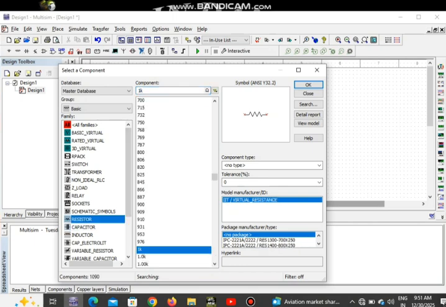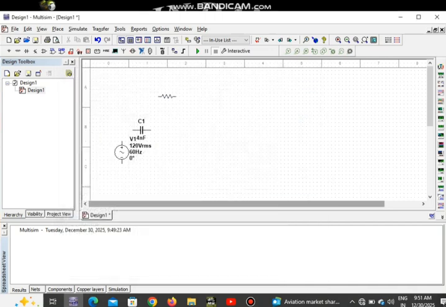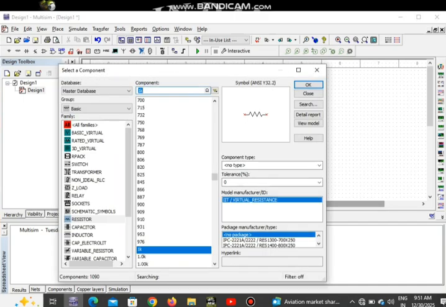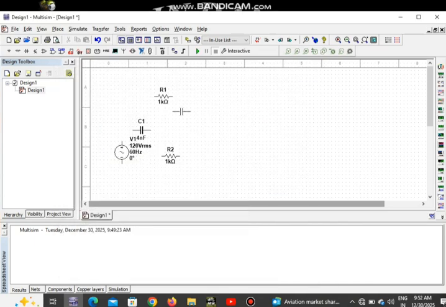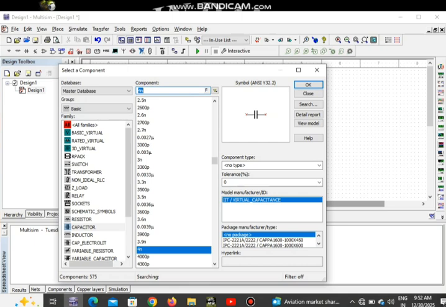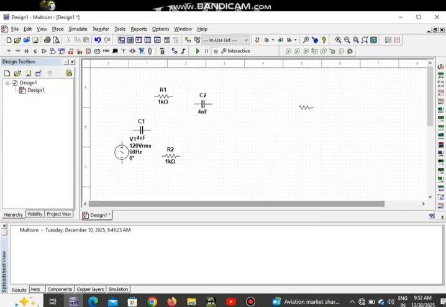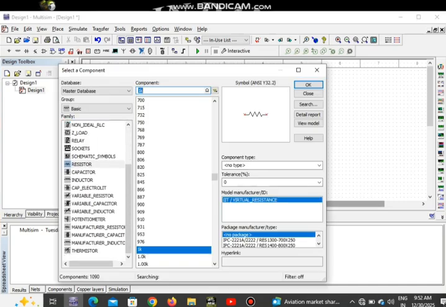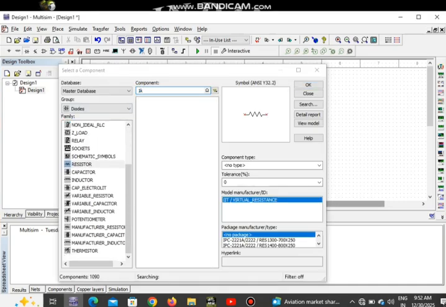Next one, resistor. Another resistor, R2. Capacitor, C2. Resistor, R3.